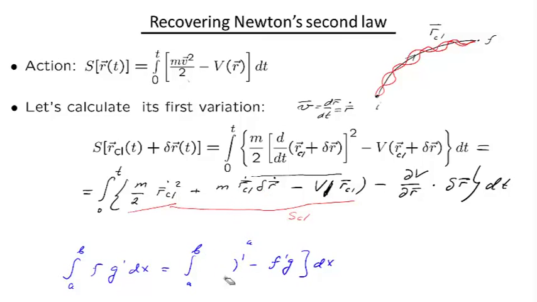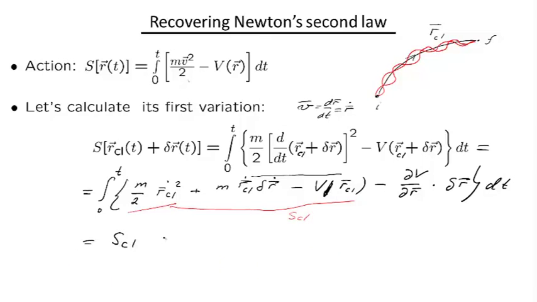If we put everything together, integrating by parts and replacing these terms with the classical action, we're going to have the classical action minus, because there is a minus here and there is already a minus here, the integral from 0 to t of m r double dot, the second derivative because we moved it, plus dV over dr, and everything is multiplied by delta r.